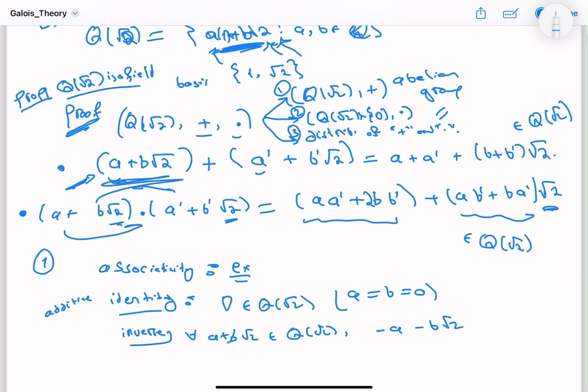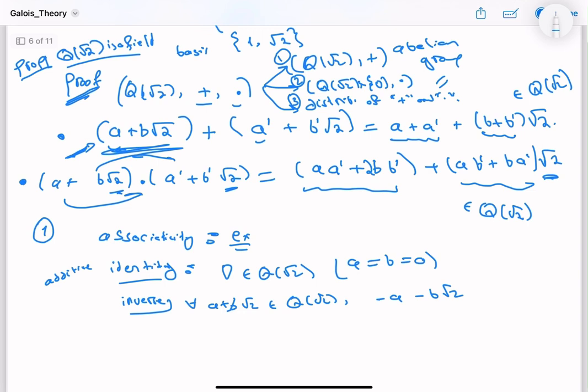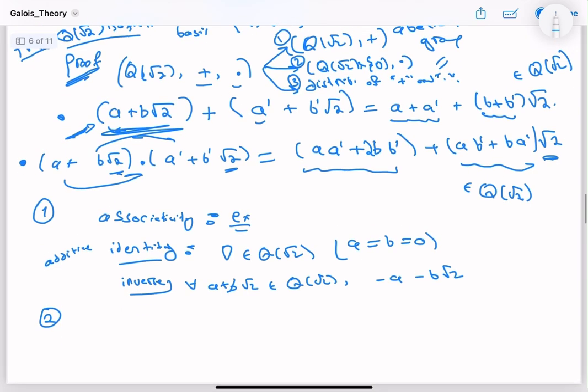You take a prime such that this cancels out and this cancels out. So this is the inverse. And what else do we need to check? So this checks 1.